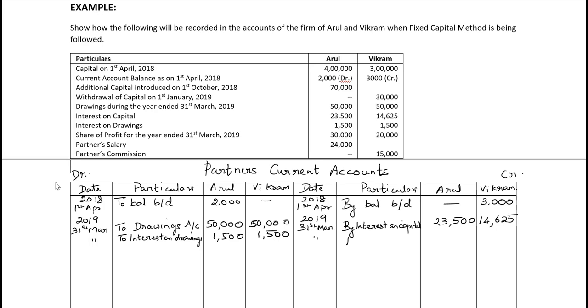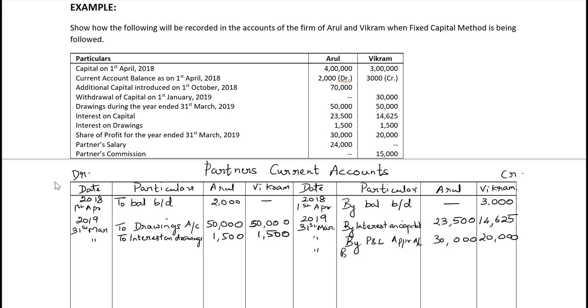Share of profit, by profit and loss appropriation account, 30,000 for Arul, 20,000 for Vikram.